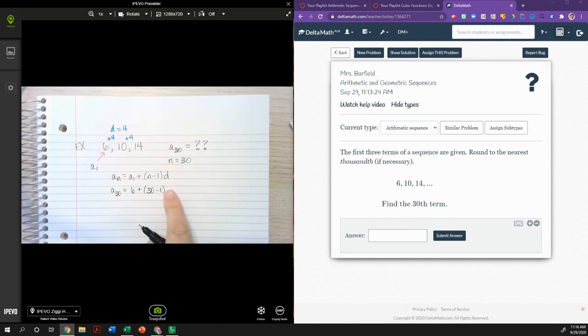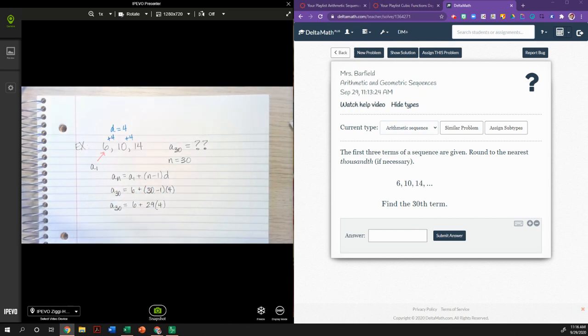And then D, we've established up here, is 4. So A sub 30 equals 6 plus, and then this is 29 times 4, and then you can use your calculator at any point that you would like to.